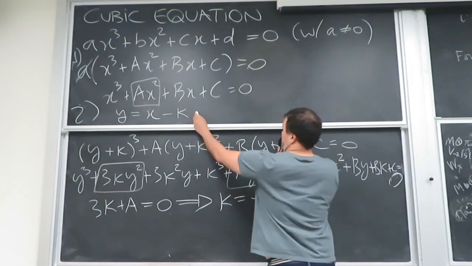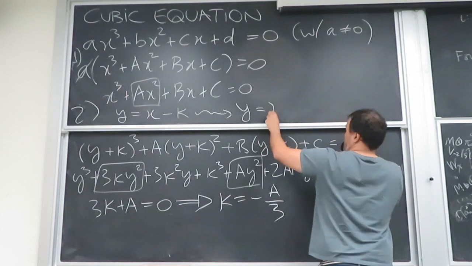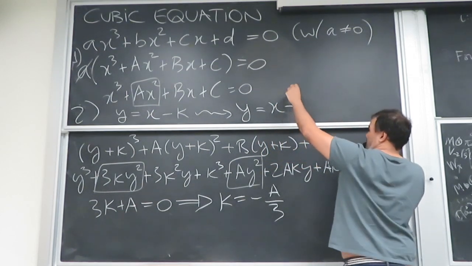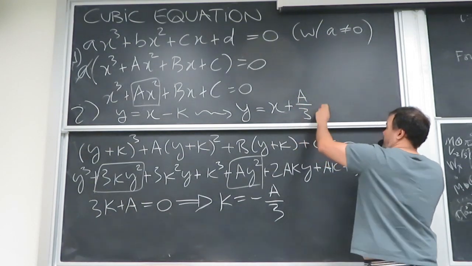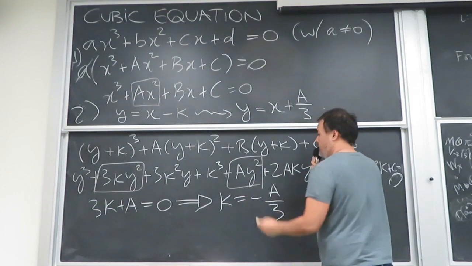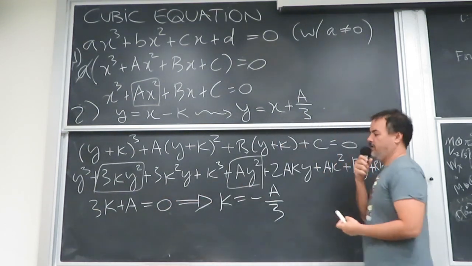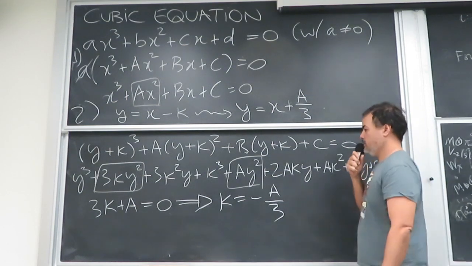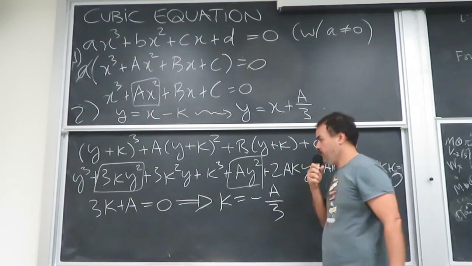So if we change x to y minus a over 3, then this cancels with this, and the quadratic part is 0.